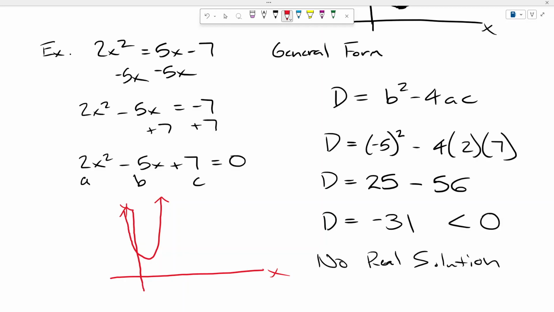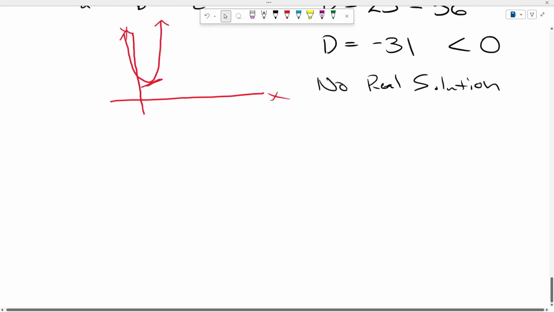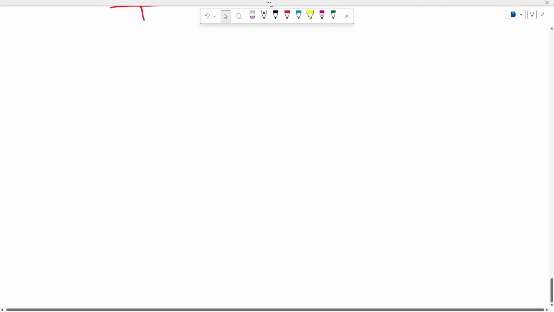So obviously we're up here, we're nowhere near the x-axis. So there are no x-intercepts, there's no real solution for this one. And let's try one more.